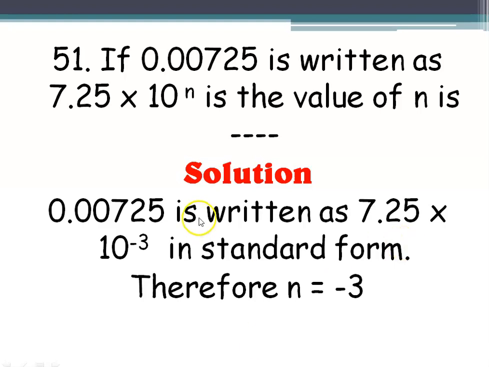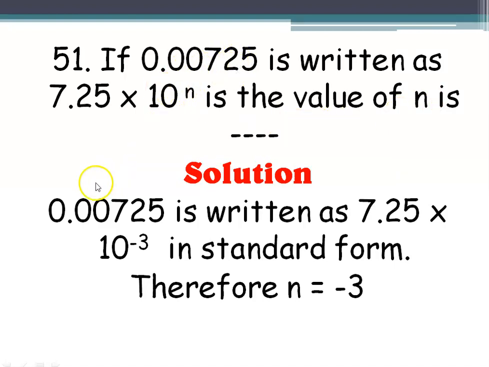Then question 51 says if 0.00725 is written as 7.25 times 10 raised to the power n, what is the value of n? As you can see, this is standard form.